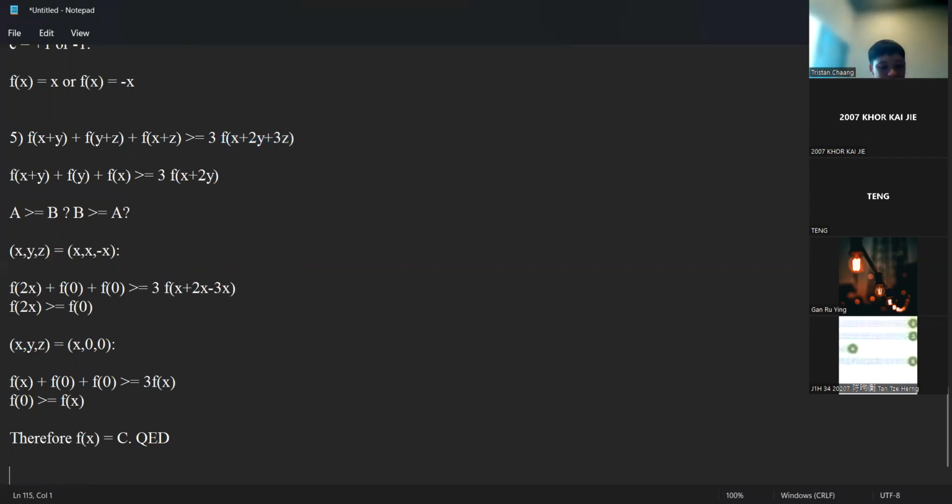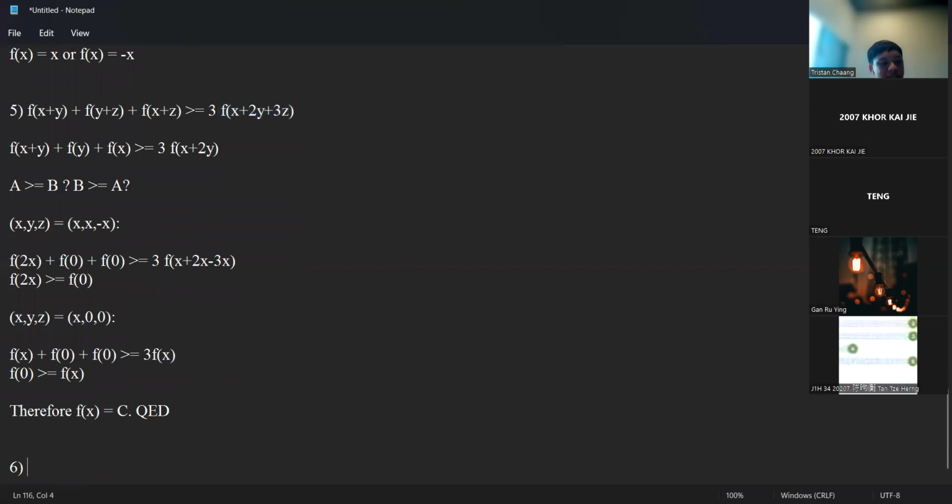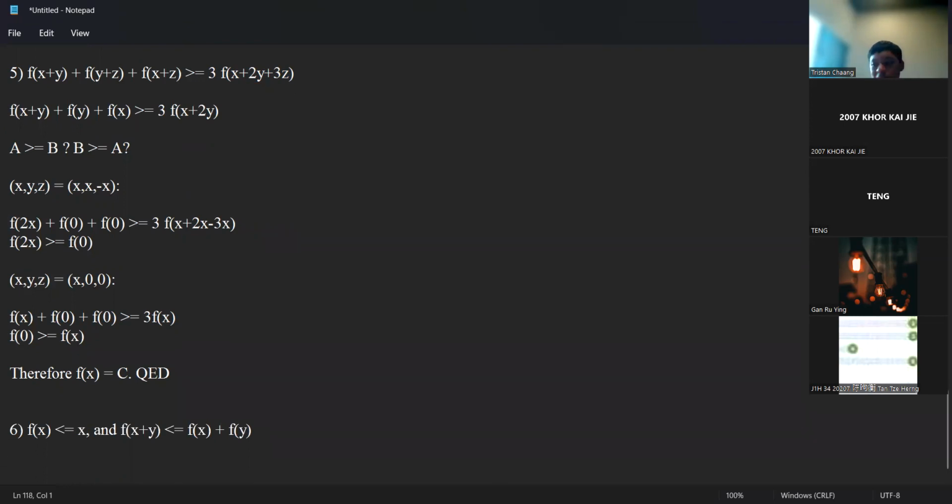The next one is also a little bit of inequality. Is it f from R to R? Yes, it's R to R. So we have f(x) is less than or equal to x, and f(x plus y) is less than or equal to f(x) plus f(y) for all x and y.